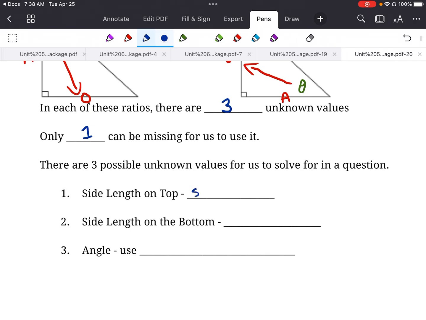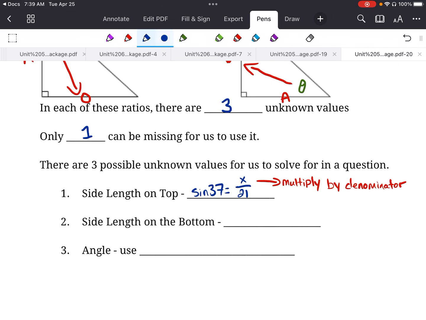An example would be sine 37 equals x over 21. Because the variable's on top, you multiply sine 37 by the denominator. So sine 37 times 21.